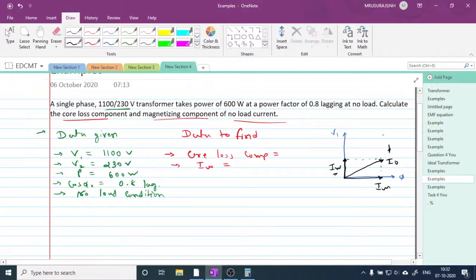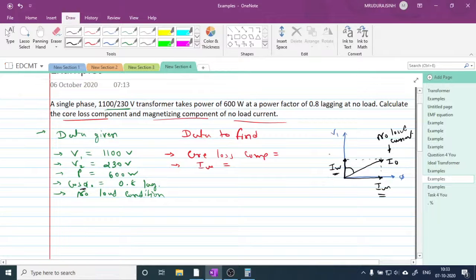Basically I0 is known as the no load current. So what do we need to find? Core loss component, so we need to find IW, and the magnetizing component I mu, right? In the data, the angle between voltage and current is not given, but the cos phi is 0.8.